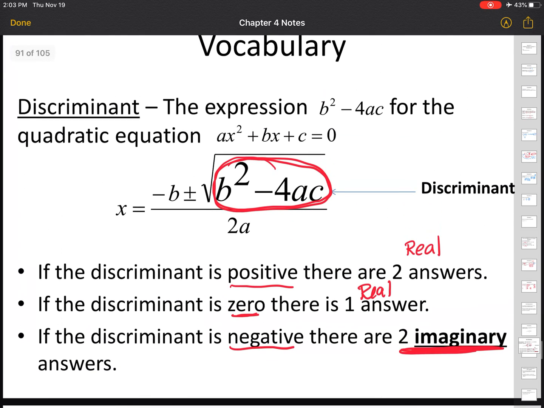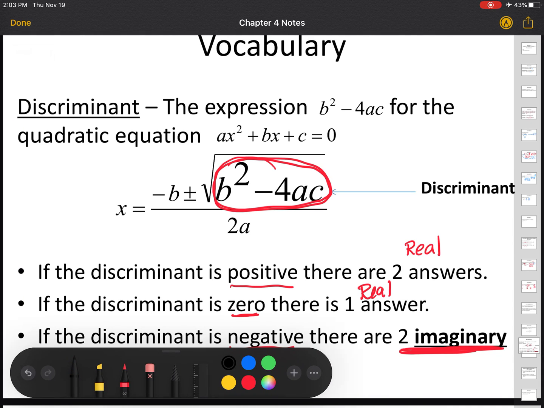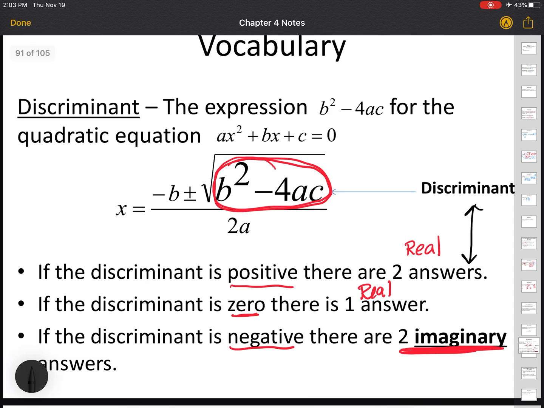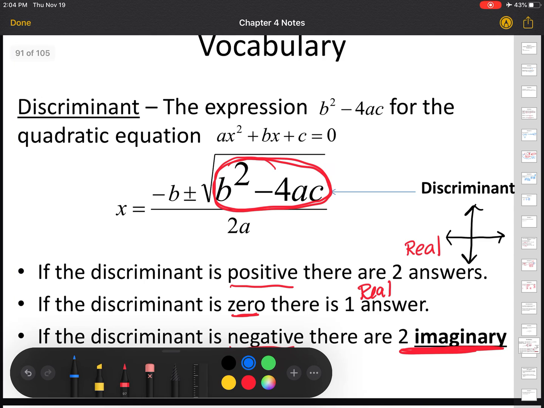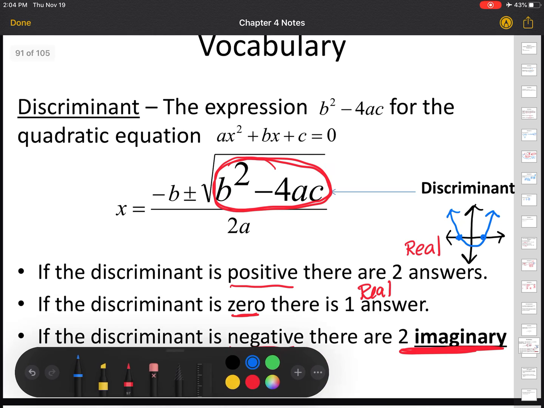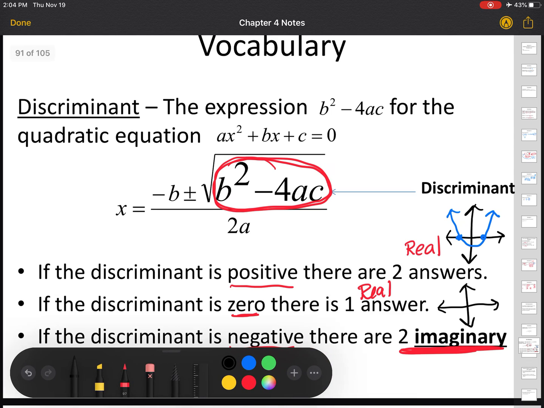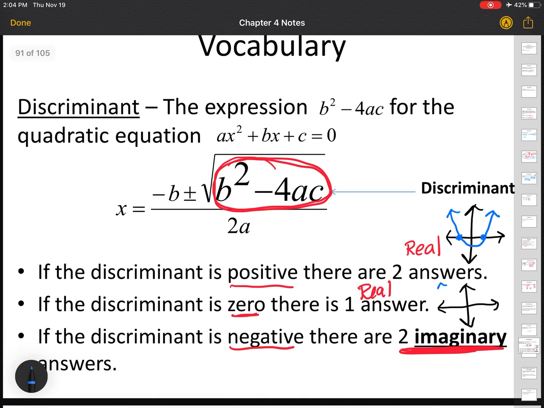Okay? And I will say, if we go back up here, what those really mean is, if I sketch this out, and I said my discriminant's positive, there's two answers, that means there's two x values, or two zeros, or two intercepts. They're crossing the x-axis in two places, okay? Then, if I were to sketch out what the next one would look like, if my discriminant is 0, then there's only one real answer.